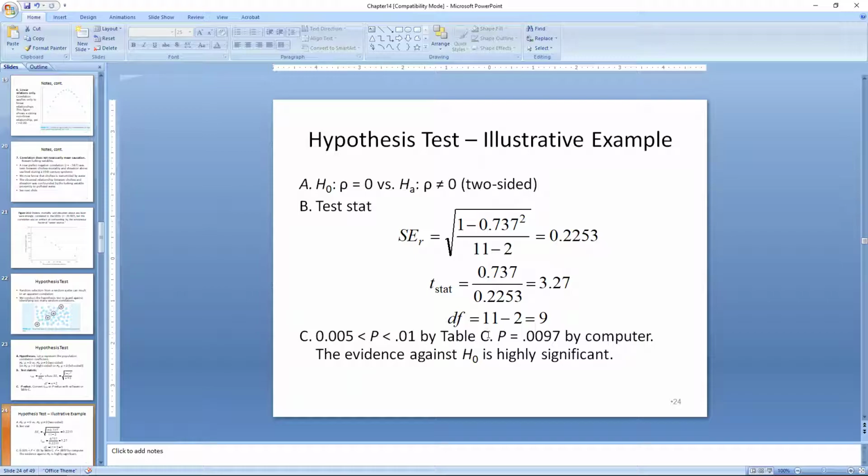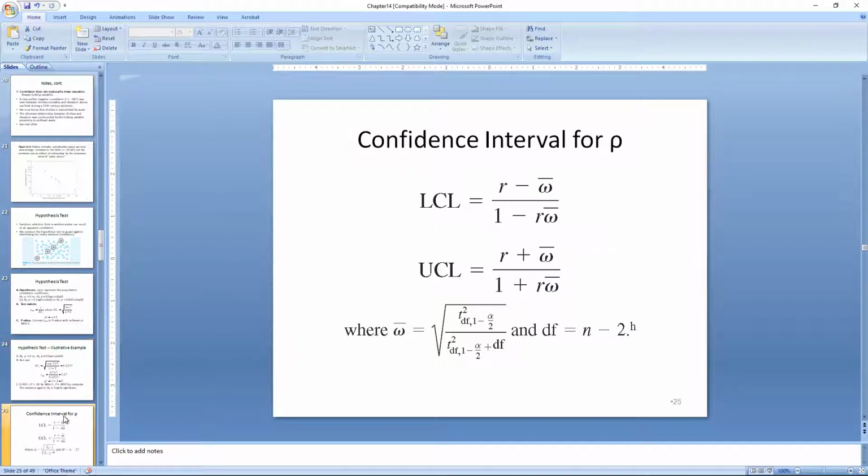So when we look at our critical value in the software and convert it to a p-value, we get a p-value equaling 0.0097, which is highly significant evidence against the null hypothesis. It is less than 0.01, but not less than 0.005. So less than 0.01, we'd still say it's highly significant, is what we tested for.